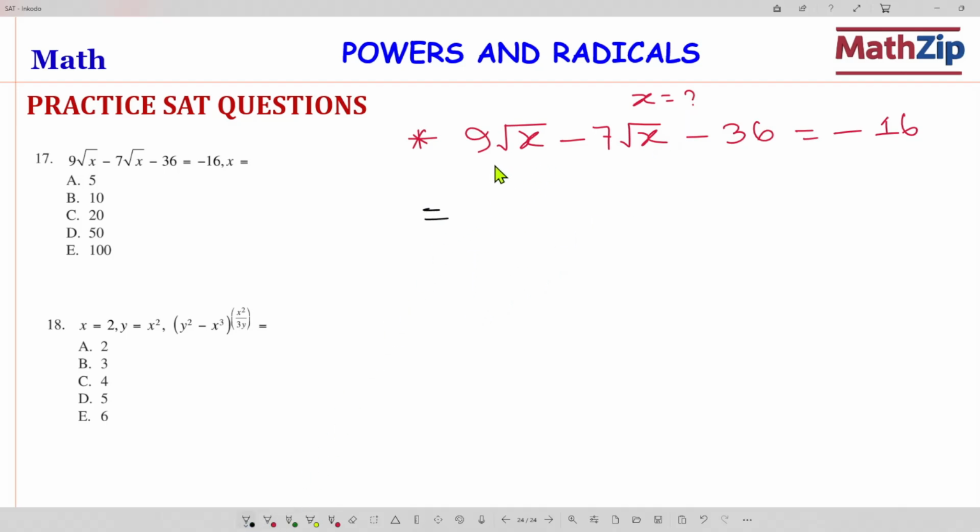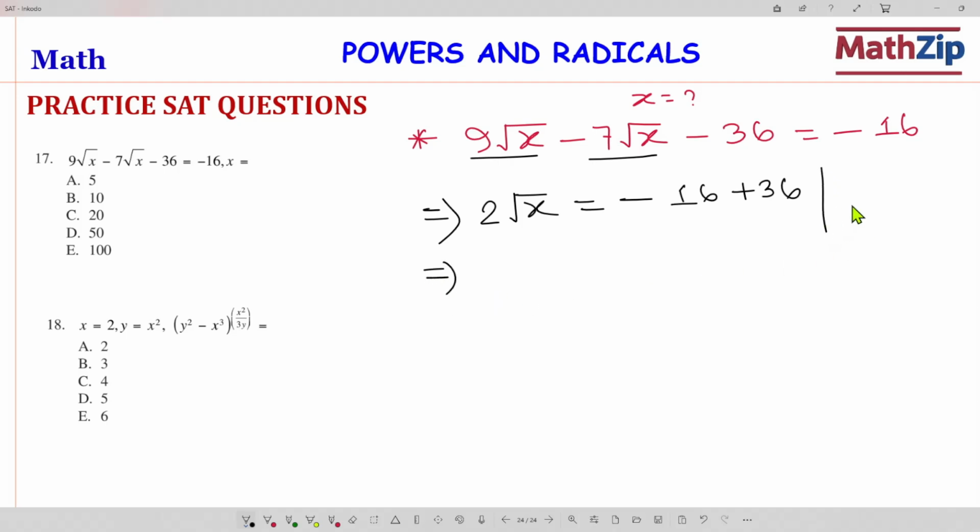Here is 9 root x and here minus 7 root x. We can write 2 root x. Very simple. This minus 36, we can add 36 to both sides, so this 36 will be out, and here minus 16 plus 36.